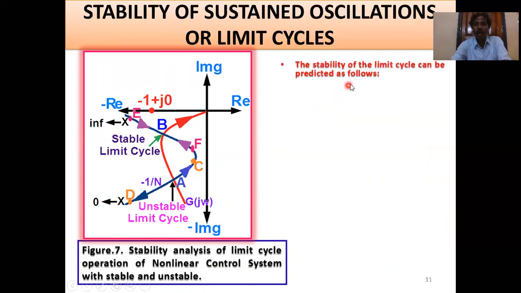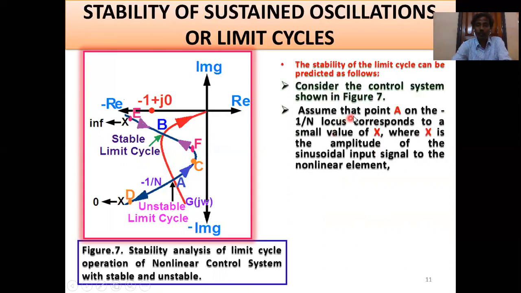The stability of the limit cycle can be predicted as follows. Consider the control system shown in figure 7. Assume that point A on the minus 1 by N locus corresponds to a small value of X, where X is the amplitude of the sinusoidal input signal to the nonlinear element.